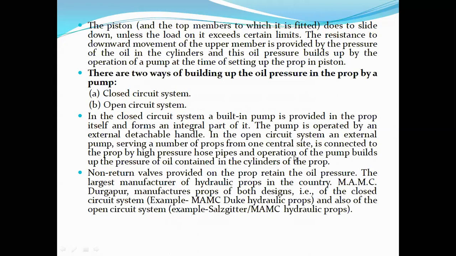In the open circuit, an external pump serving a number of props from one central site is connected to the prop by high pressure hose pipes. Operation of the pumps builds up the pressure of oil contained in the cylinders of the prop. Next, the non-return valves provided on the prop retain the oil pressure, as we discussed in the previous slide.